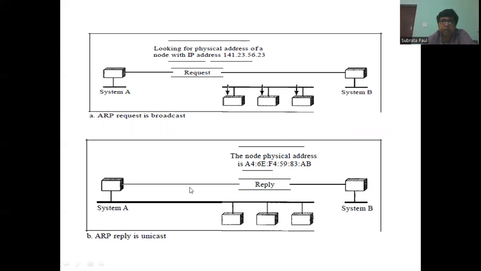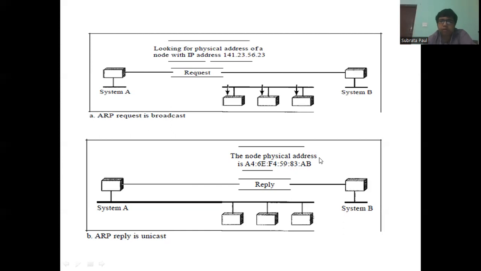Now you see here the ARP reply need not be broadcasted because it is a one-to-one delivery. From the target machine, the reply is sent directly to the source machine with the physical address of the target machine.